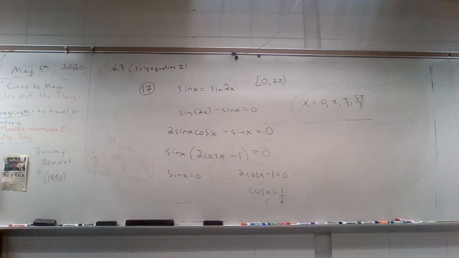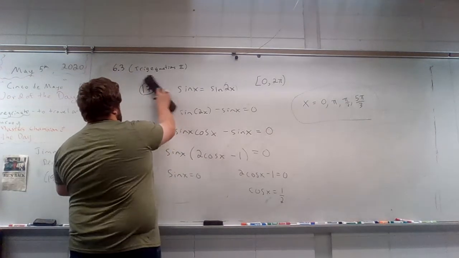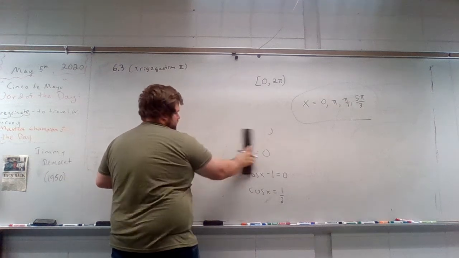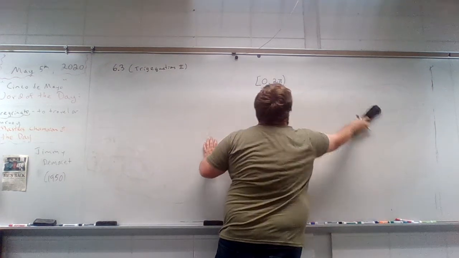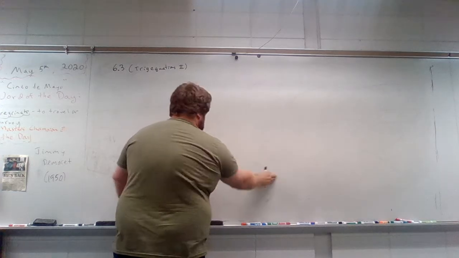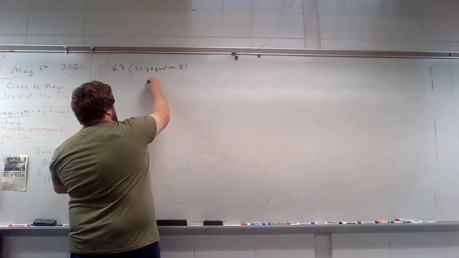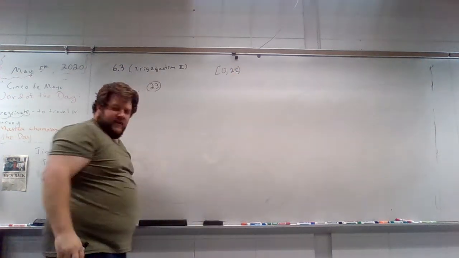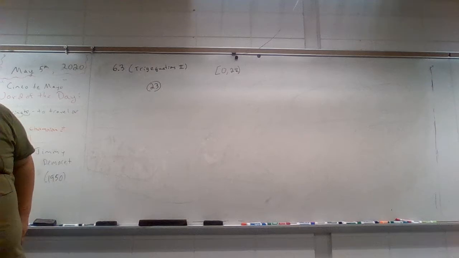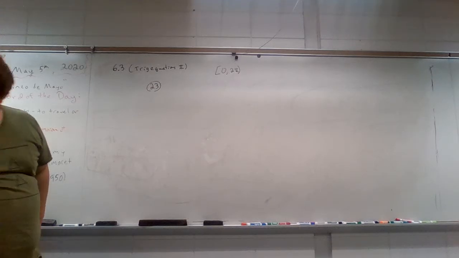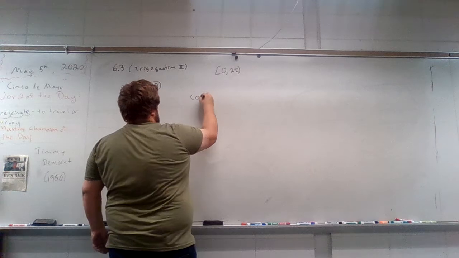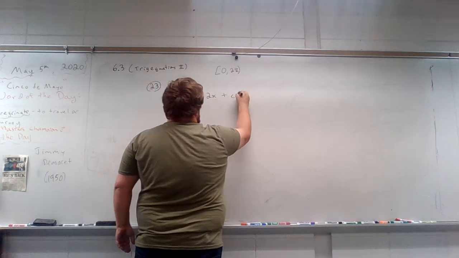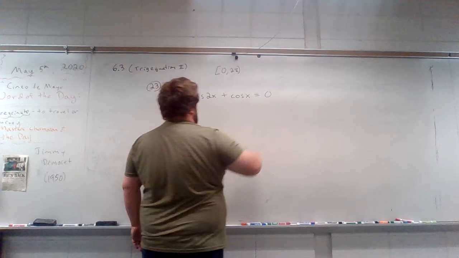Okay, let's look at another one here, possibly number 23. So I've got the same interval, 0 to 2 pi radians. And I want to solve cosine 2x plus cosine x is equal to 0.